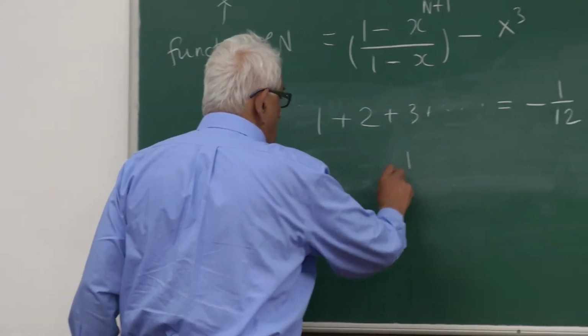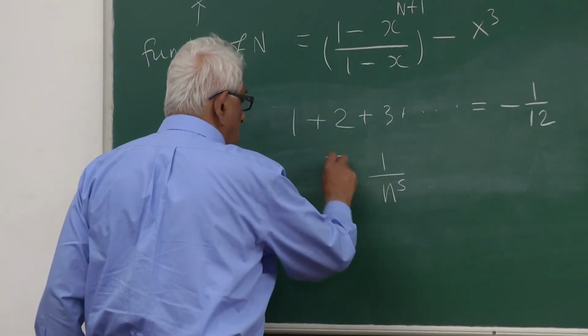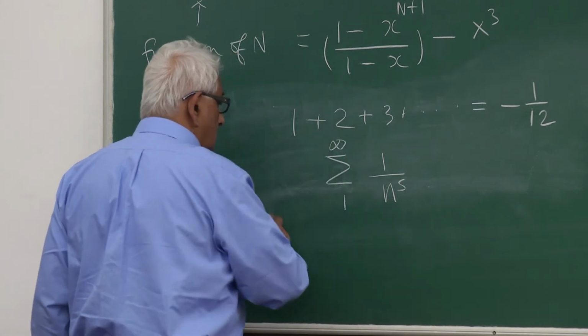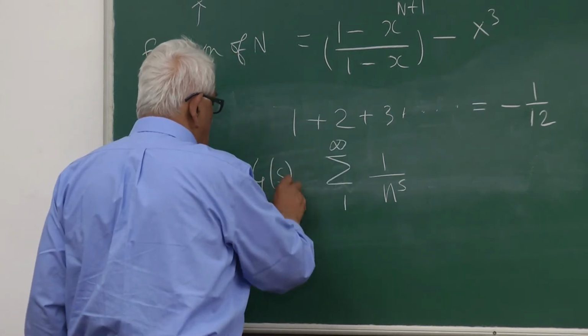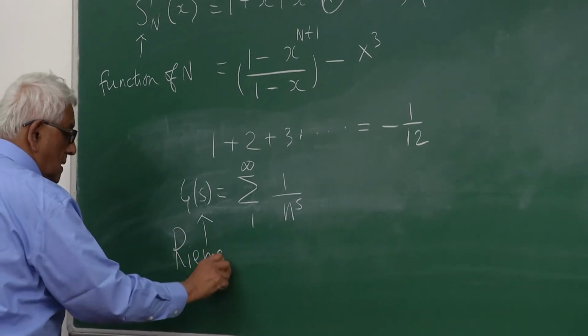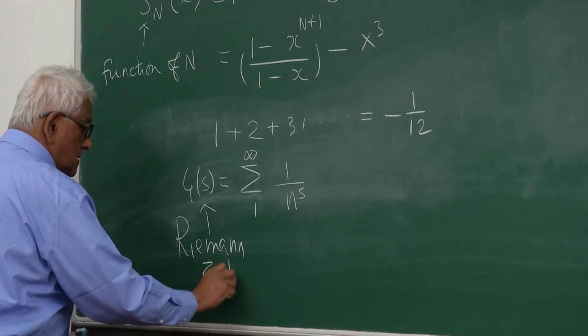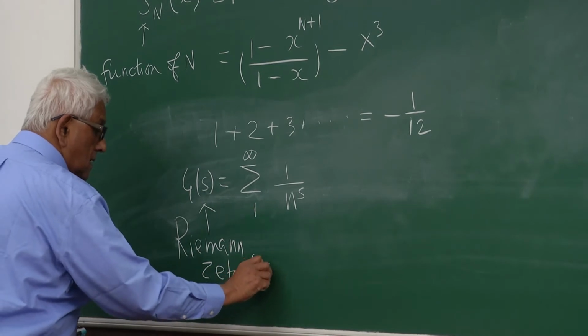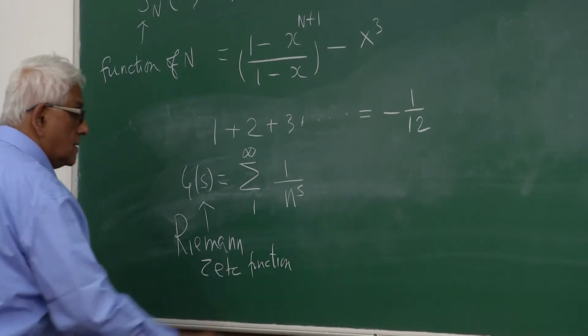That if I take 1 upon n to the power of s, and this is called the Riemann zeta function, right?